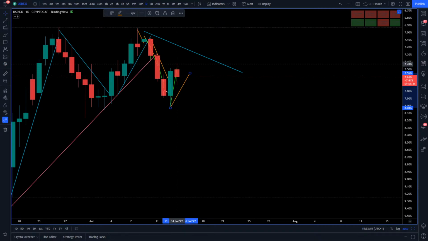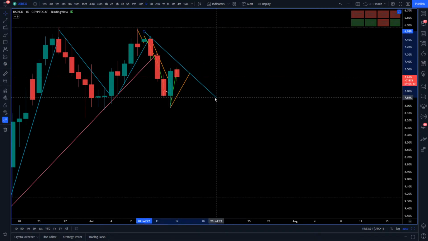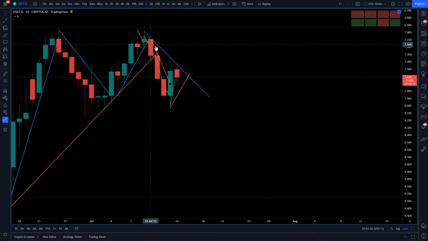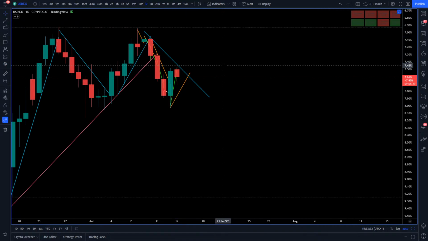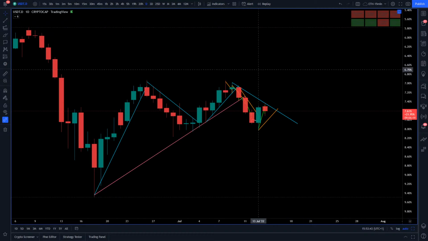So I think that this is the top of the daily lower high that is forming, and if that's the top, then we can draw this turquoise line, light blue, to go down further. Okay. That's the line that we have at this moment.